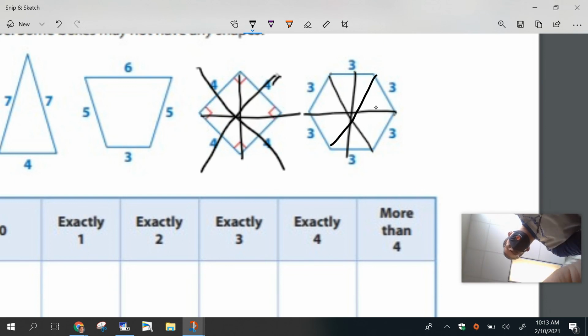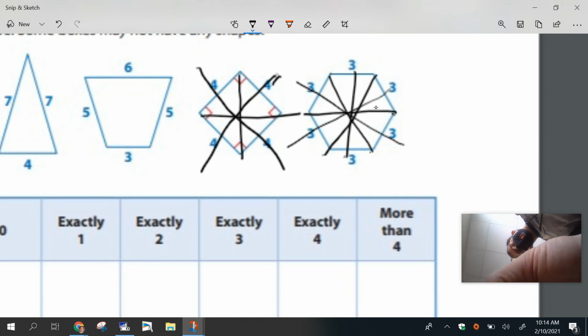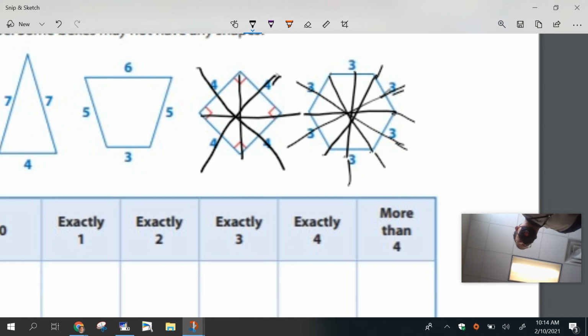Corner to corner. So right there is 1, 2, 3, 4. And I'm missing. And go here to here. And go here to here. And so corner, corner, then middle, middle, middle. Yeah, so it has 1, 2, 3, 4, 5, 6 lines of symmetry. 6 lines of symmetry for that one.